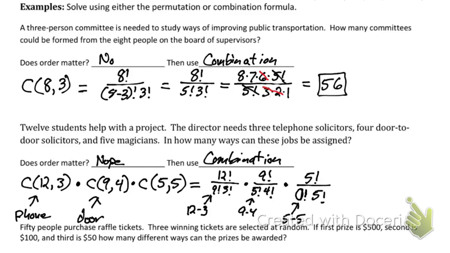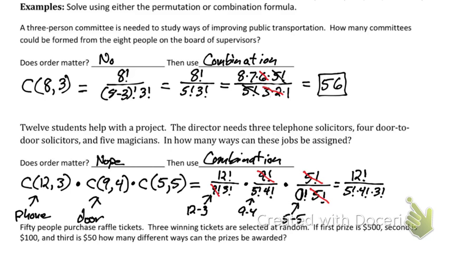Raise your hand if you're stuck and you can't find what I'm talking about. There's a 9 factorial up here, so you could eliminate your 9 factorial and your 9 factorial. That's going to reduce this down to just 12 factorial over 5 factorial times 4 factorial times 3 factorial.